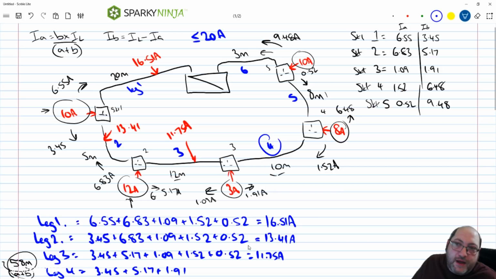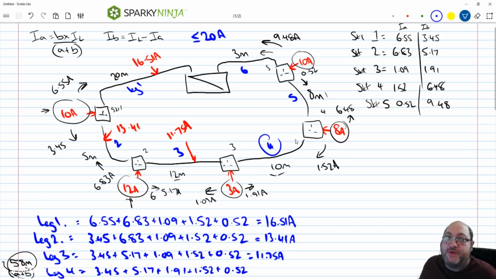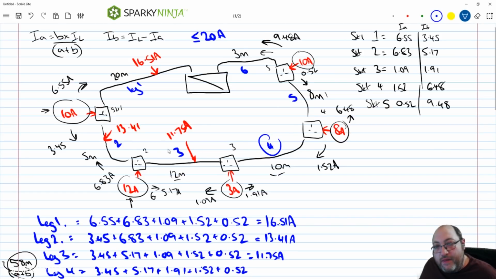Okay, plus 1.52 and plus 0.52. So of that, the 1.52 and the 0.52 are the fact that this socket and this load is pulling that way, because I'm doing this leg, but these three are going that way around. Alright.